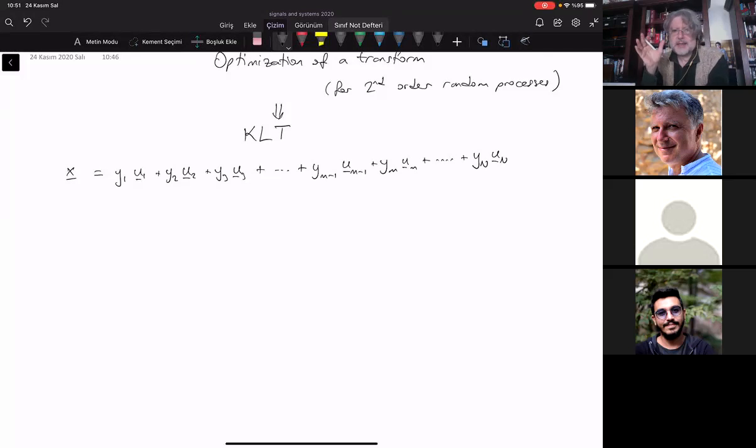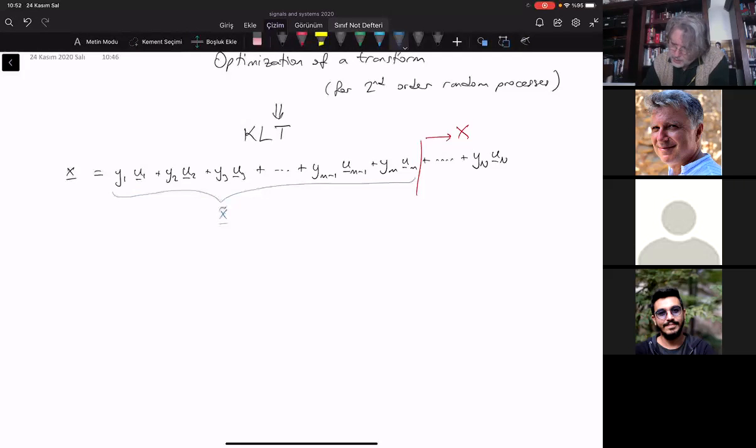So capital N is the size, but in the middle I also indicate an M point, because that M point is the place where I will chop off the rest of the items. I will eliminate them, and I will keep only the first M coefficients. I will reconstruct only using the first M coefficients. And I'm going to call this summation something else. Let's call it the X tilde vector.